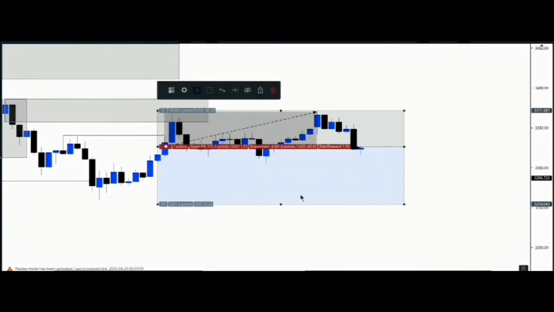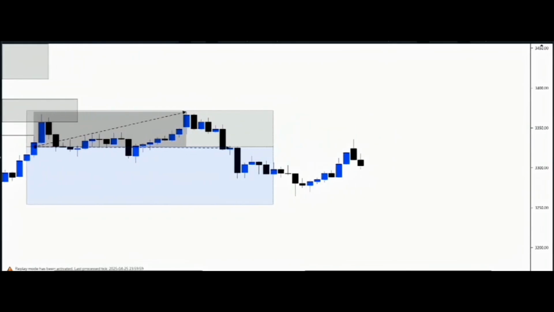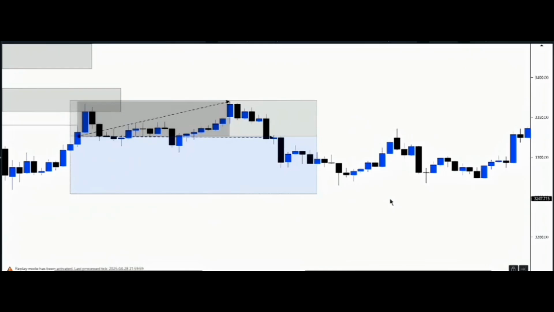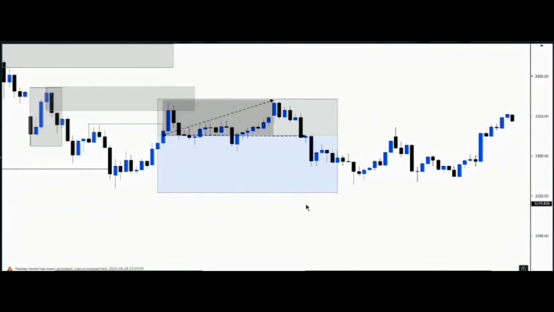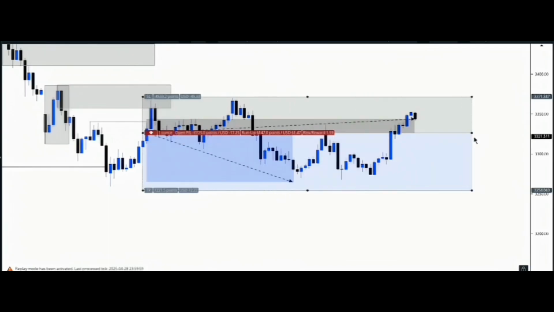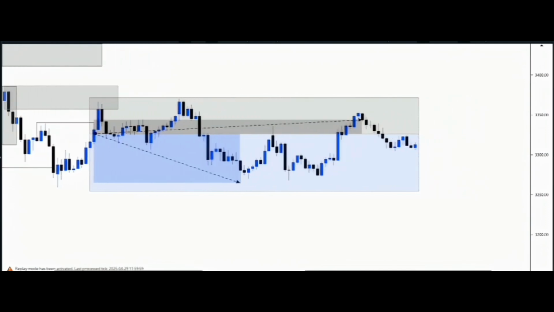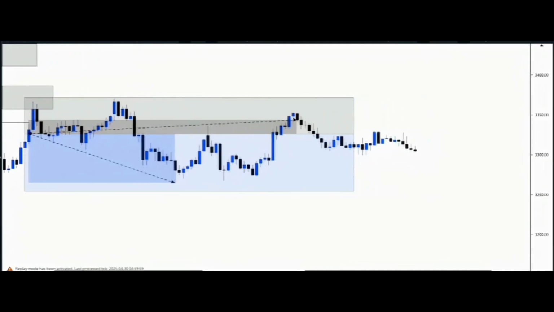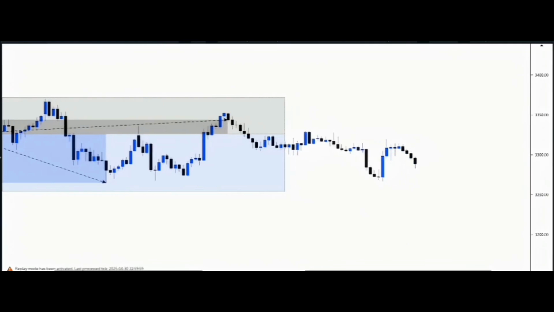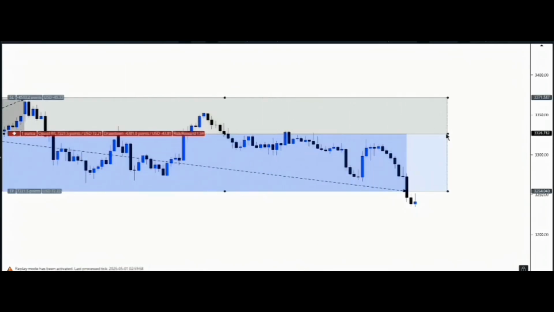So we are still in the trade. Okay, so price has hit our TP, which is fine, completely fine.